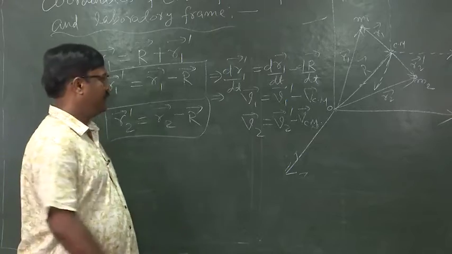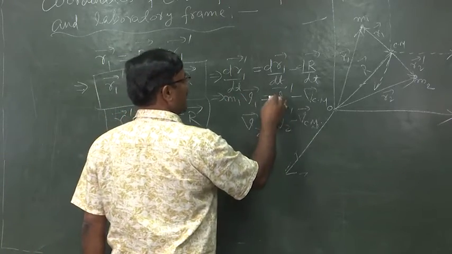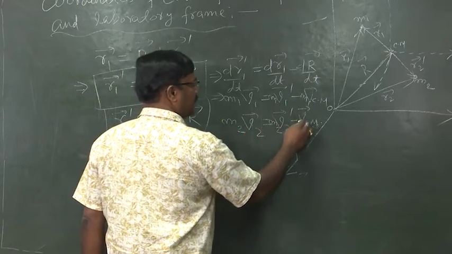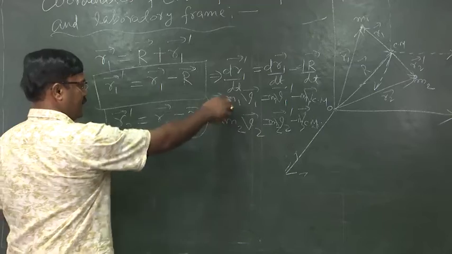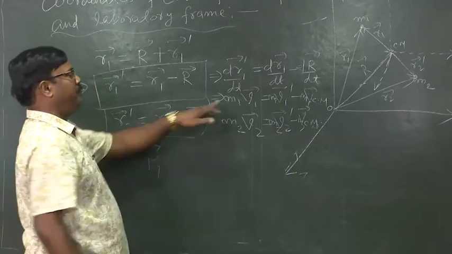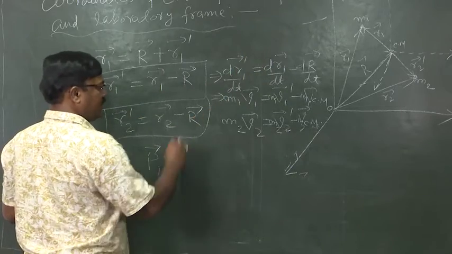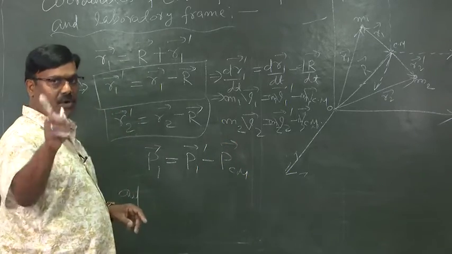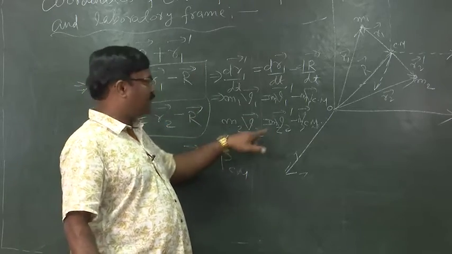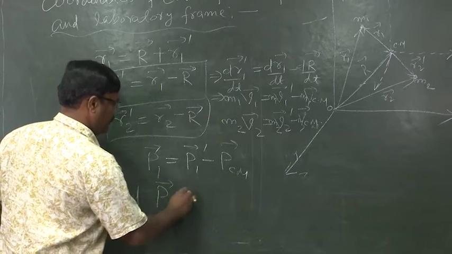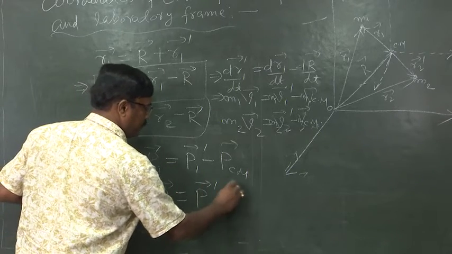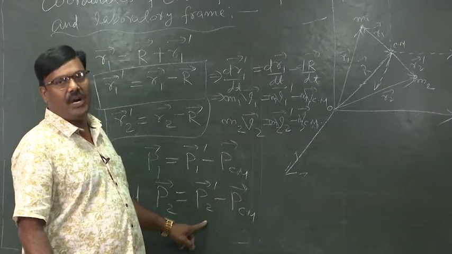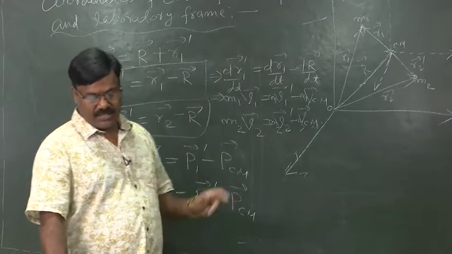Now, multiplying mass m1 to both sides of this equation and mass m2 to both sides of this equation, we can write that this represents the momentum of the first particle with respect to the laboratory system, which can be written as p1 dashed minus p center of mass, and similarly the momentum of the second particle can be written as p2 dashed minus p center of mass, where p2 dash represents the momentum of the second particle with respect to the center of mass frame.